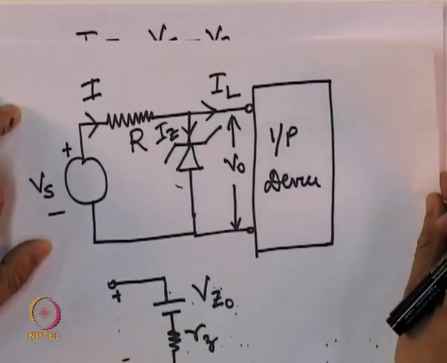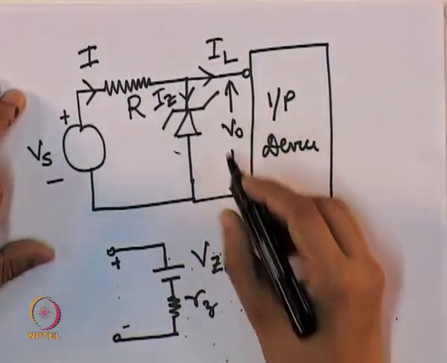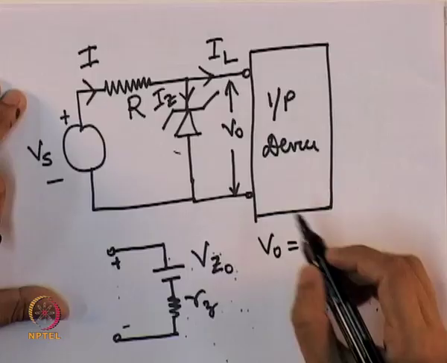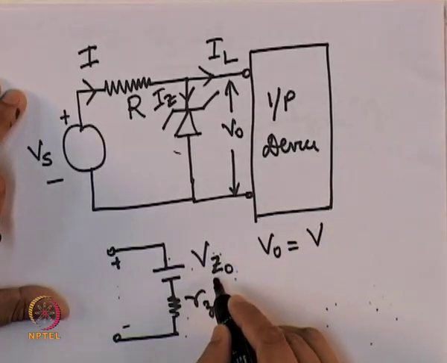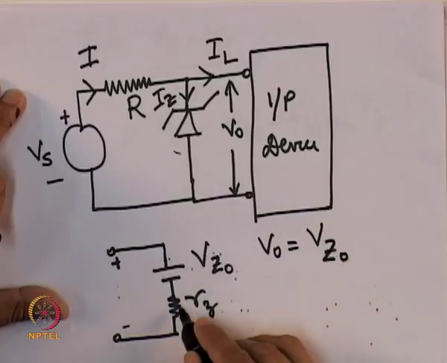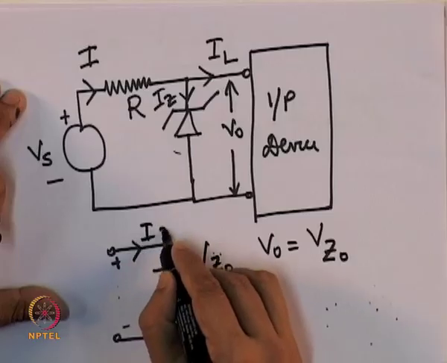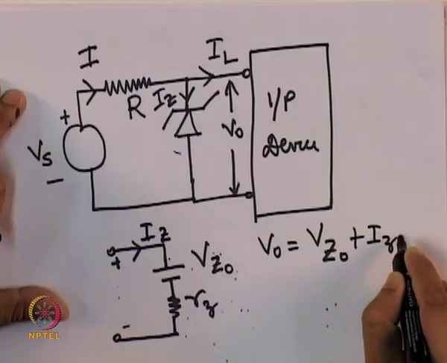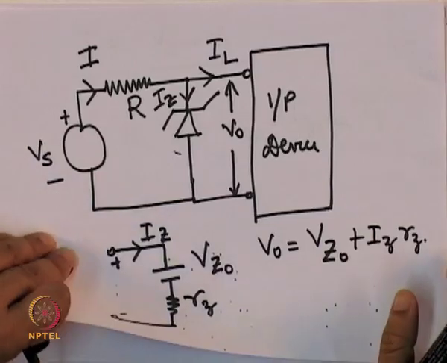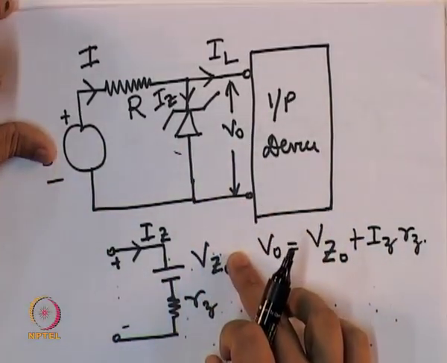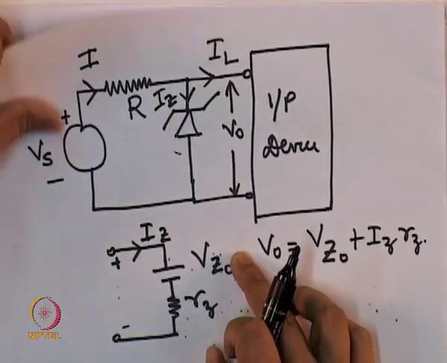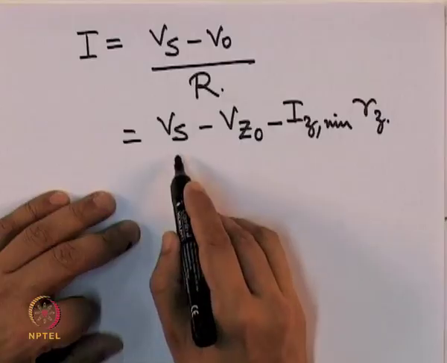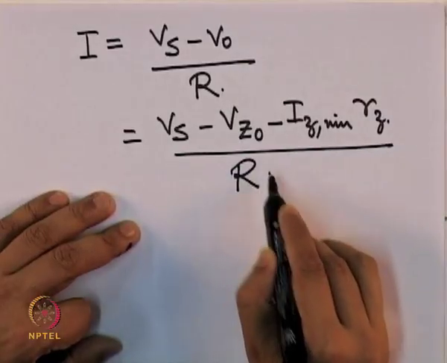If I go back to my circuit, the output voltage V0 can be written as the total voltage from here to here, and that is equal to the diode drop Vz0 plus the voltage drop across this resistance Rz. Since the current flowing through the diode now is Iz min, instead of Iz I am writing Iz min.